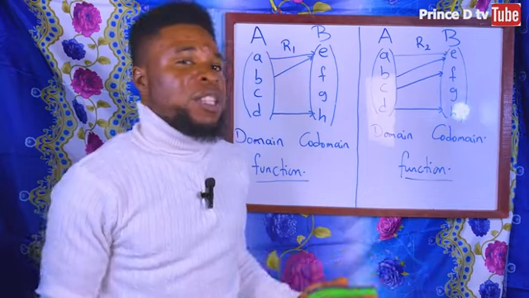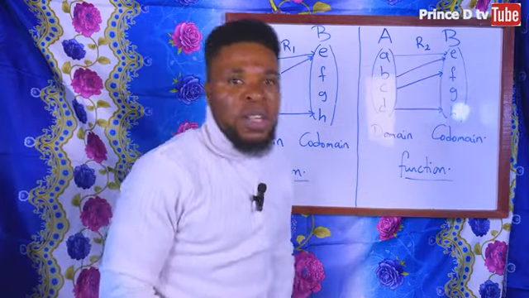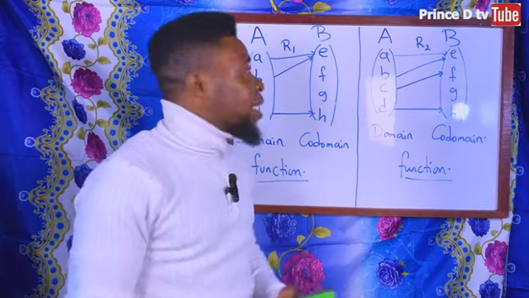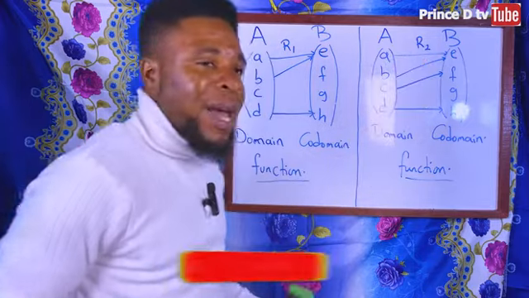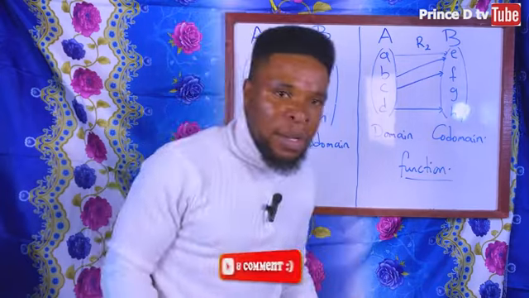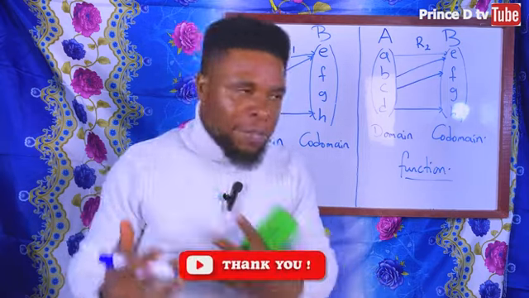Mathematics has its beauty, so we can put it in short form for easy understanding. The R, please pardon me, stands for a relation. Now let's begin with relation 1. How can we identify and tell that this is a function or this is not a function?